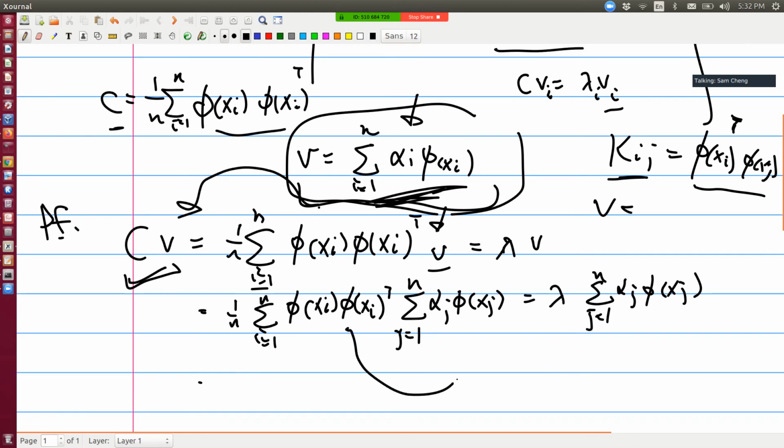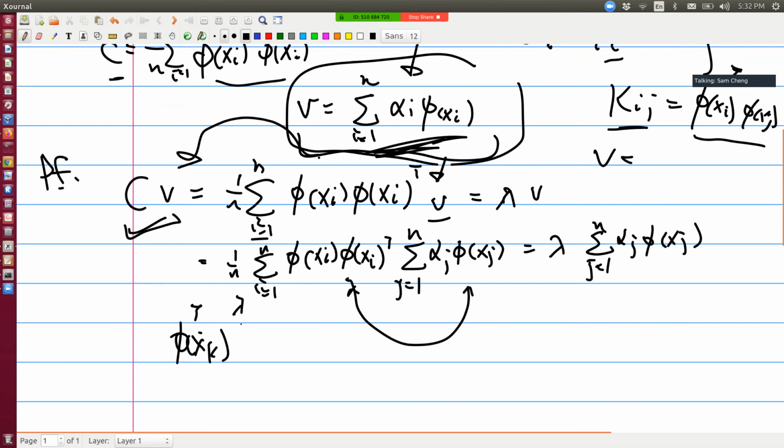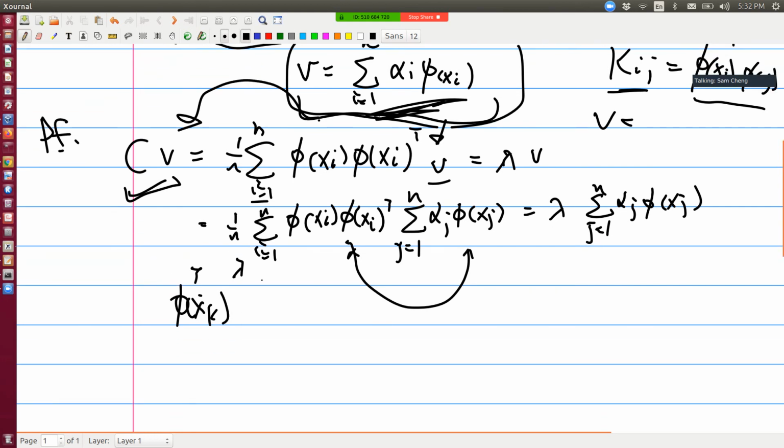So I already see this is pretty much equal to K ij, right? It looks like if I multiply phi xk transpose on both sides, from the left, then I will have this multiplied by this equal to K ki, right?